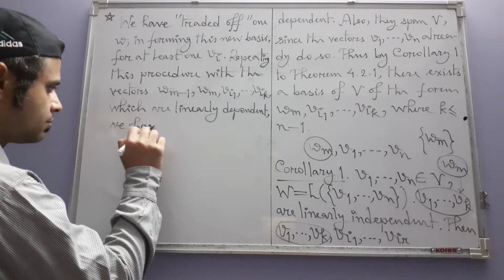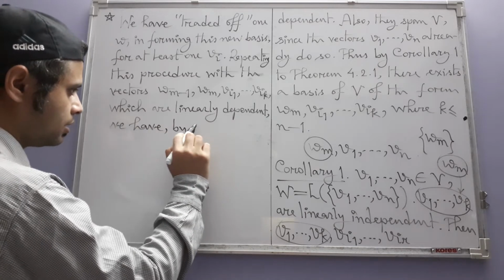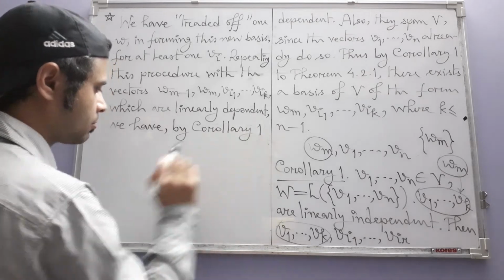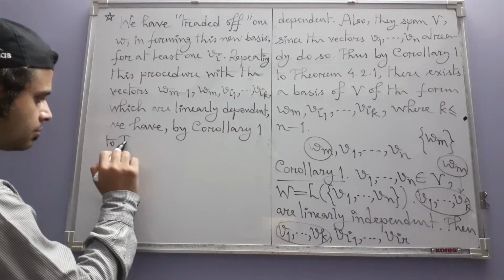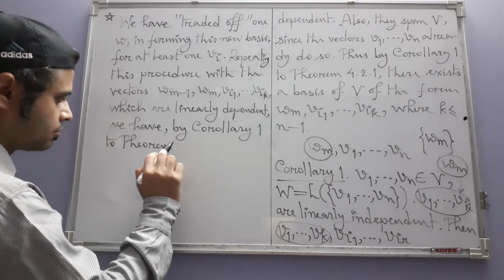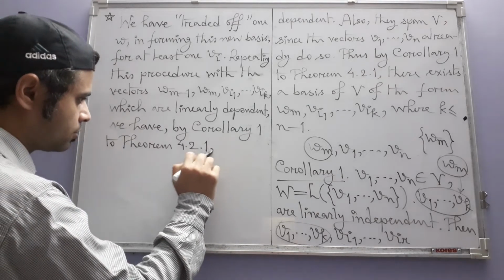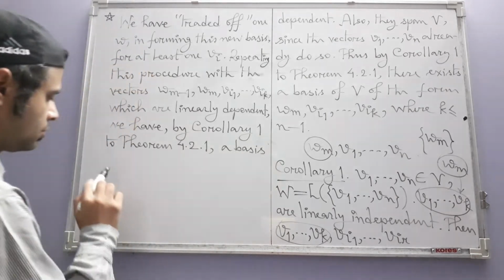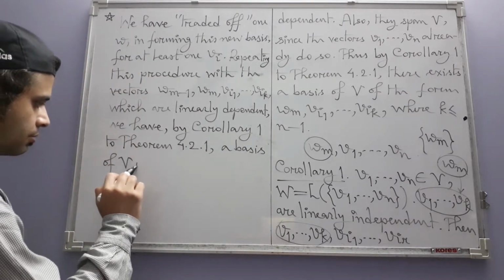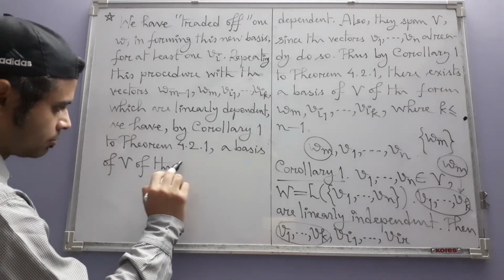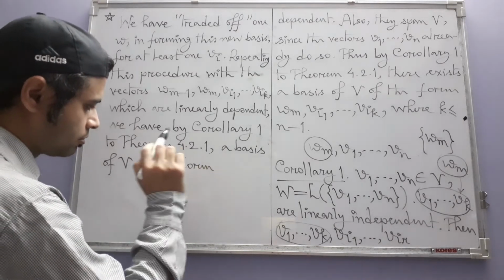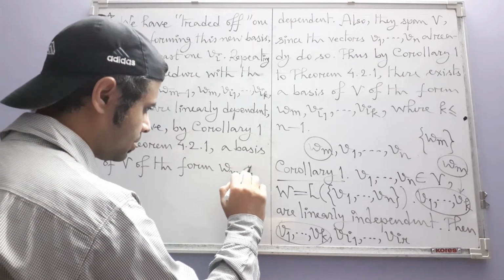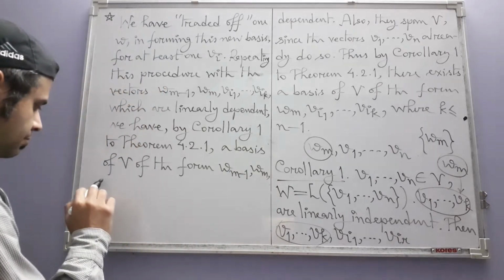We have again by corollary 1 to theorem 4.1, a basis of V of the form Wm minus 1, Wm.